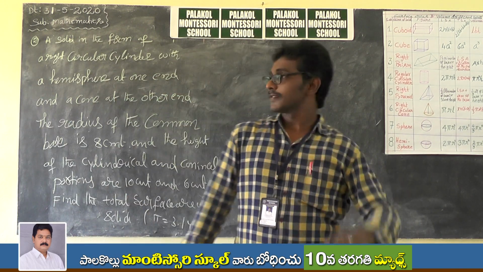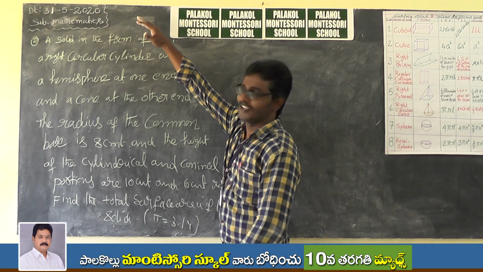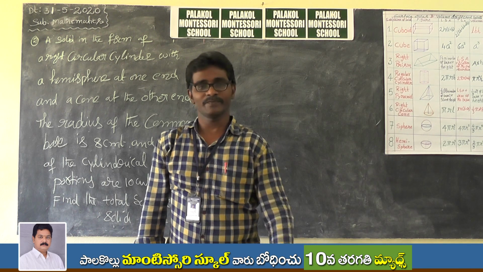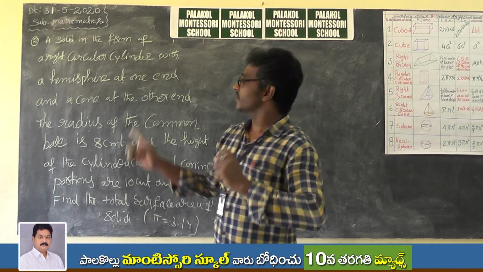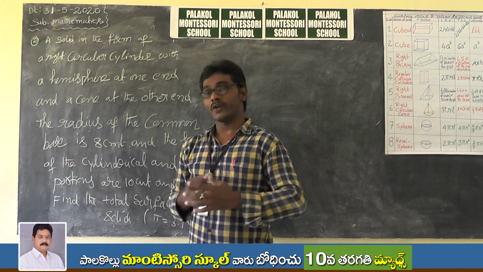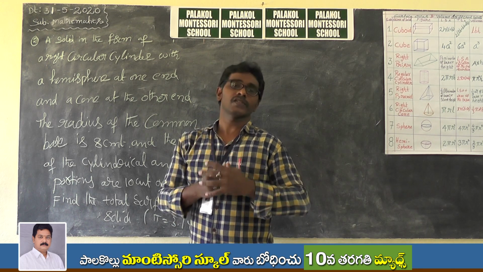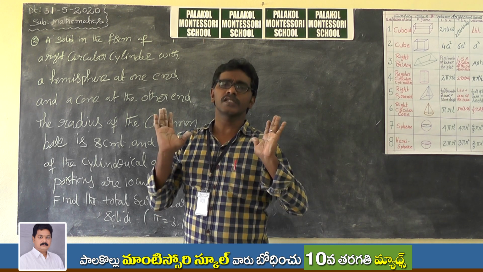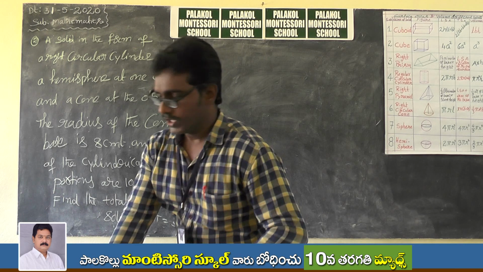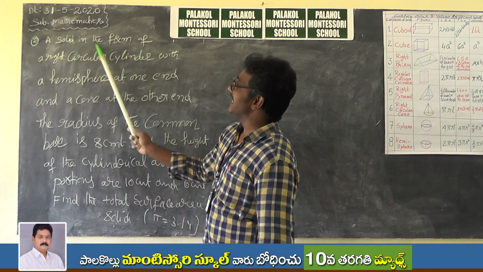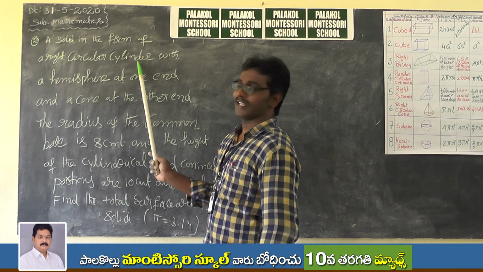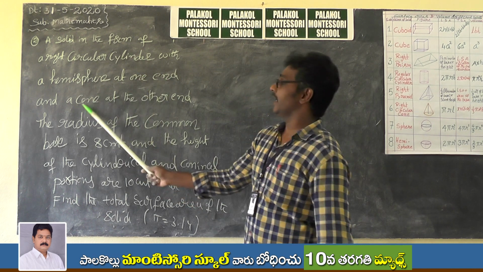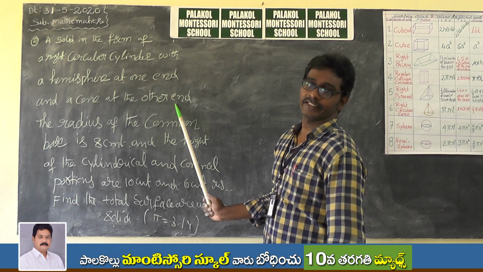Okay. The sum is very large, but the solution is very easy. First, identification: what is the combination? Here they form one solid. Once you find the combination, immediately find the curved surface areas. See, first you study the sum. A solid in the form of a right circular cylinder with a hemisphere at one end and a cone at the other end.